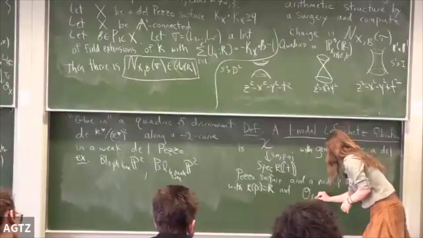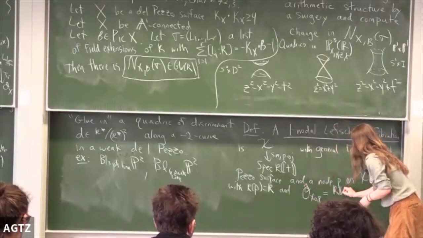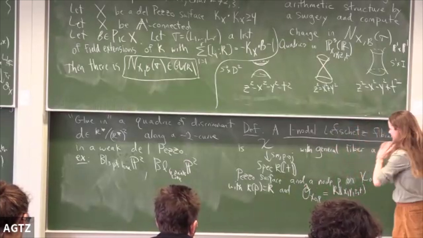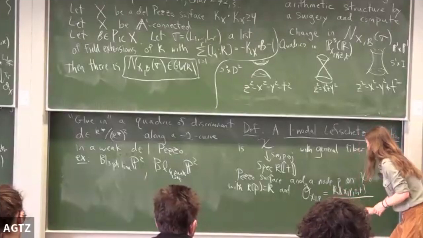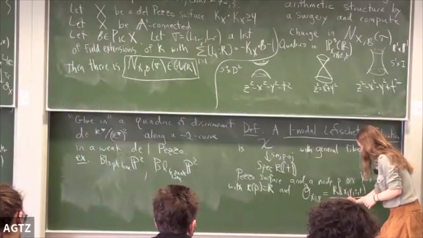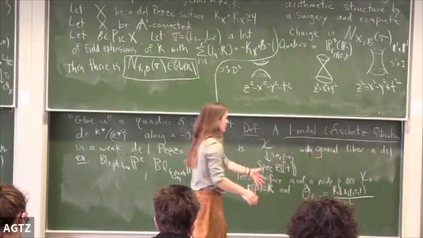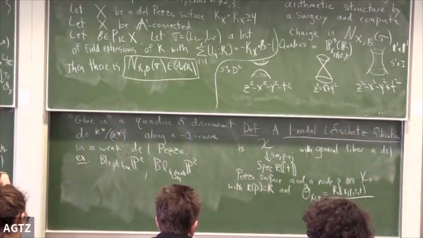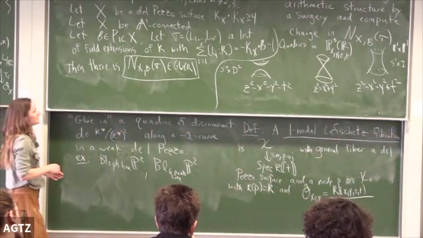X naught P, its completed local ring, will look like K of XY. Actually, the special fiber would be some quadratic Q plus T. So we know what kind of node it is on the special fiber. It's a rational node, and it's associated to a degree 2 homogeneous Q. Then a D surgery.